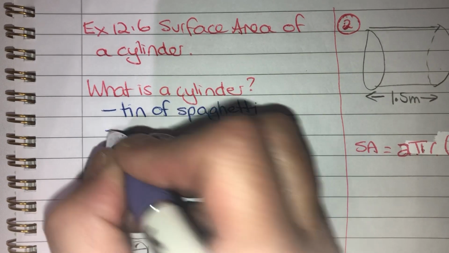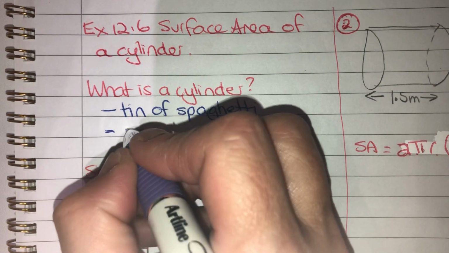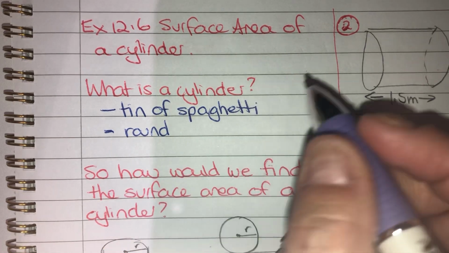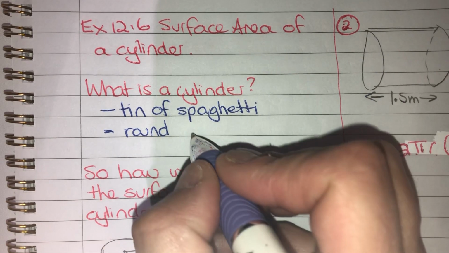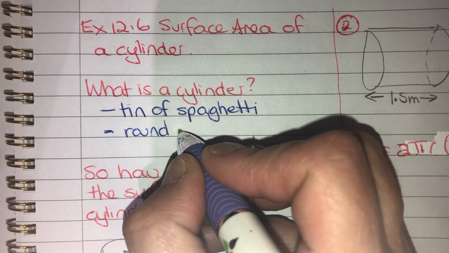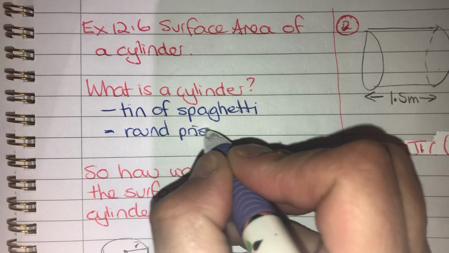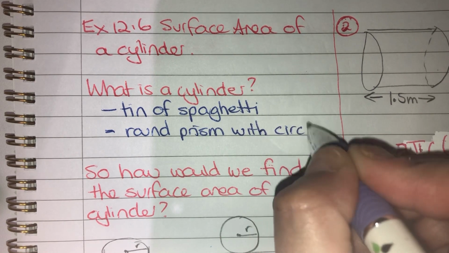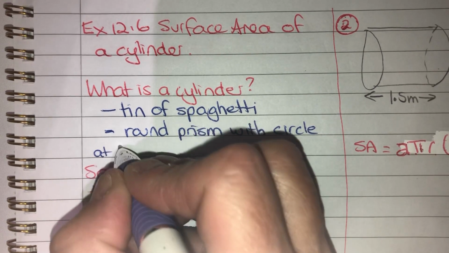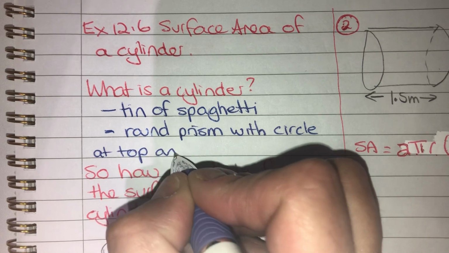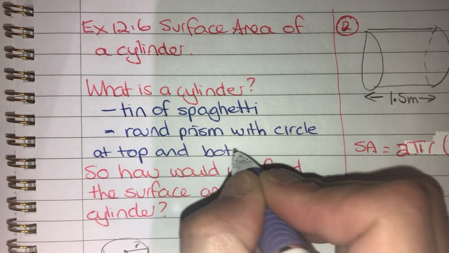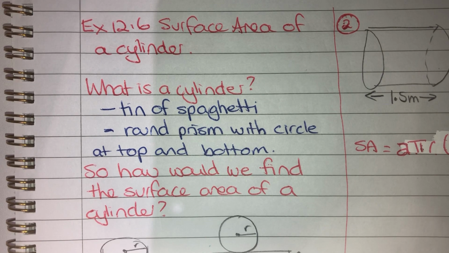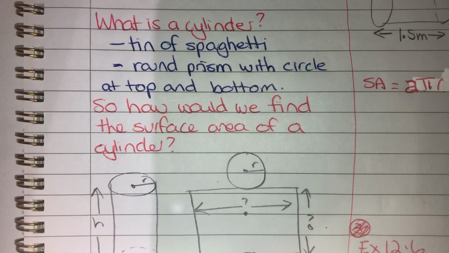But basically it is a round prism with a circle at top and bottom. Okay, again, a non-mathematical way of writing, but hopefully something that you would understand.